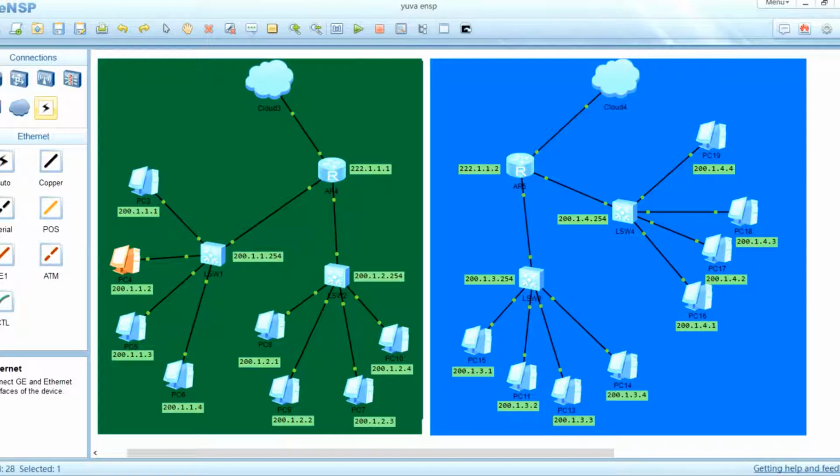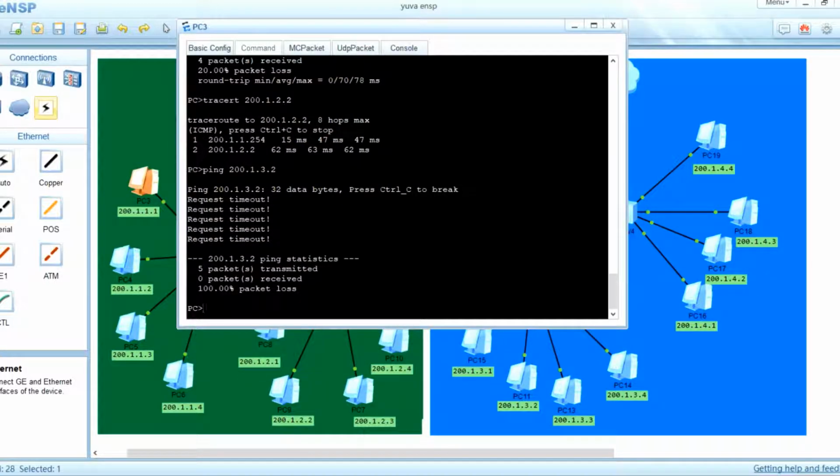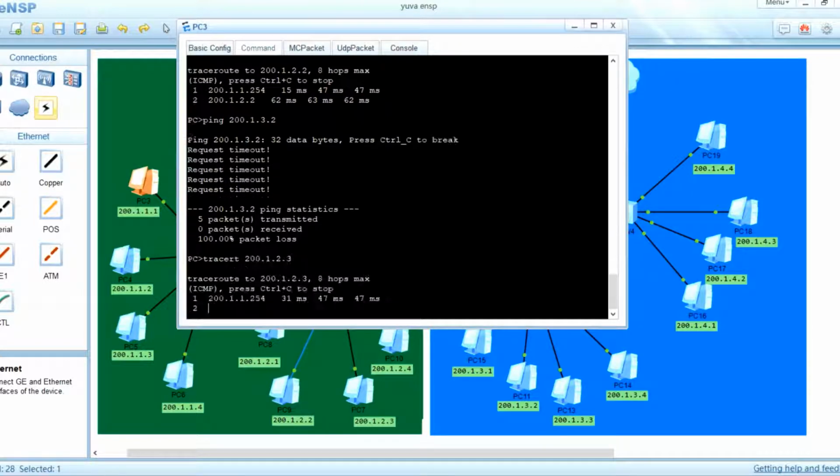Now I would like to show the traceroute diagnostic in this department. Let's begin. To perform trace routing, we should type tracert and then the IP address of the PC that we want to trace, and press enter.